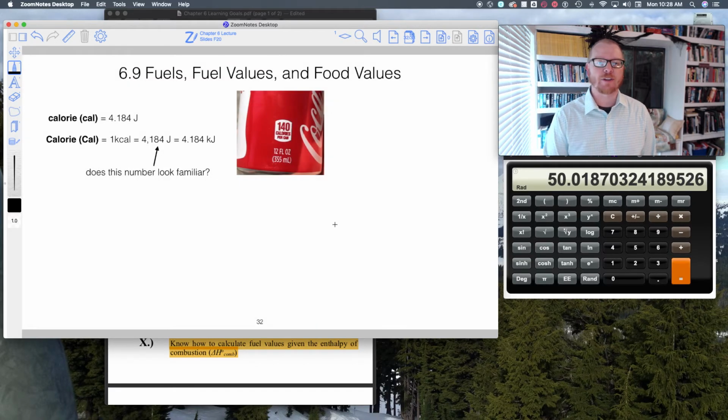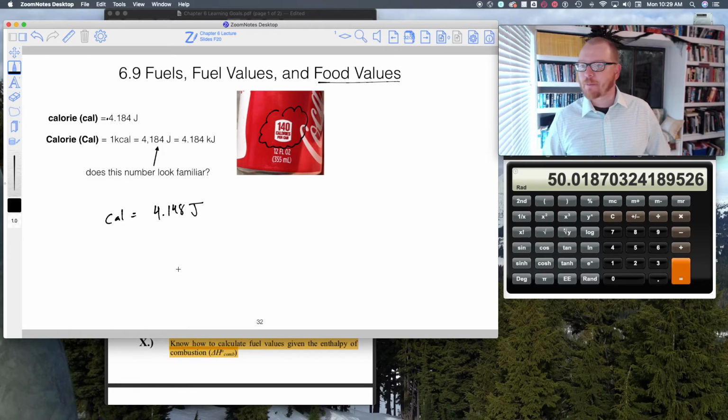And the very last thing I want to talk about, very briefly, is food values. Okay, so some of you already knew this, but in case you didn't, this is pretty interesting. So look at this on this can of soda, 140 calories per can. Well, check it out. A calorie is actually a unit of energy. And we have to keep track of this. So cal with a lowercase c is exactly 4.184 joules.